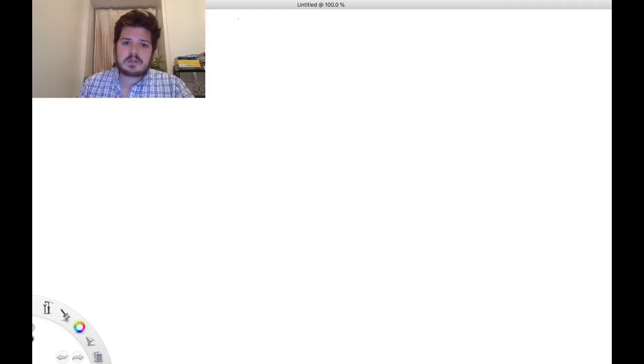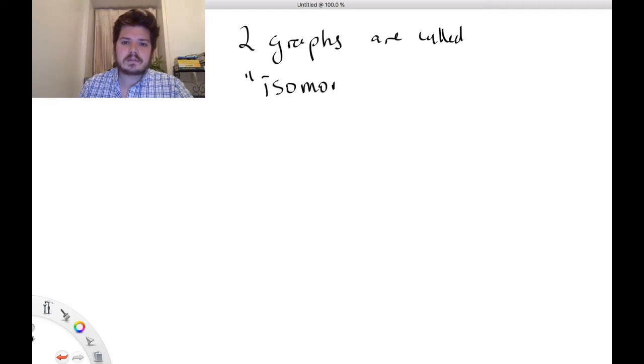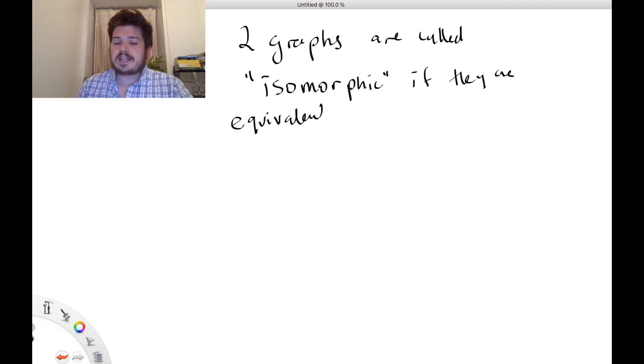Two graphs are called isomorphic if they are equivalent up to relabeling or reordering, or rearrangement.